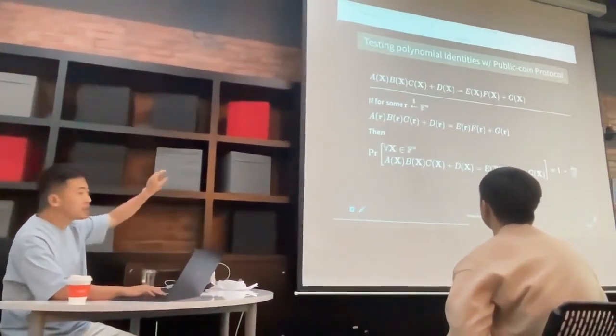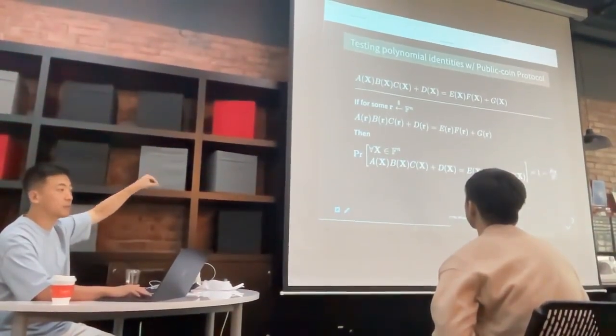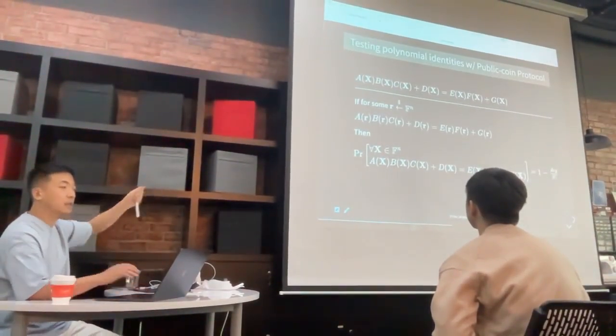Just like this, we just pick some random vector from the field and test that. What does that mean?